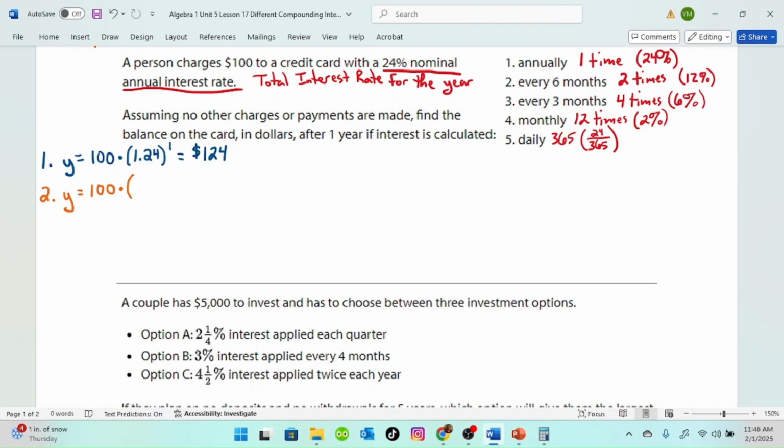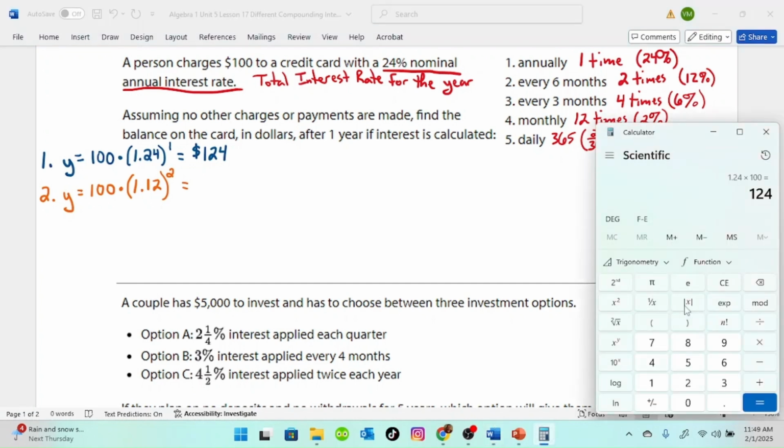So this time the growth factor would be 1.12, because the 1 is going to maintain the current amount, and the 0.12 is going to represent the 12% in interest each time. And because we're doing this twice, once every 6 months, the exponent is going to be 2.